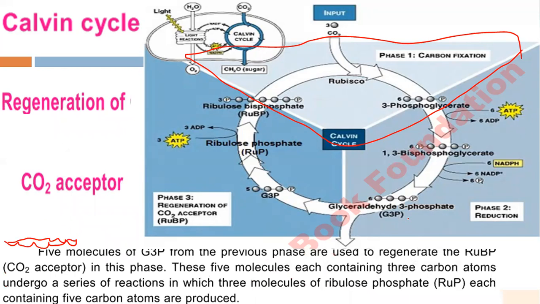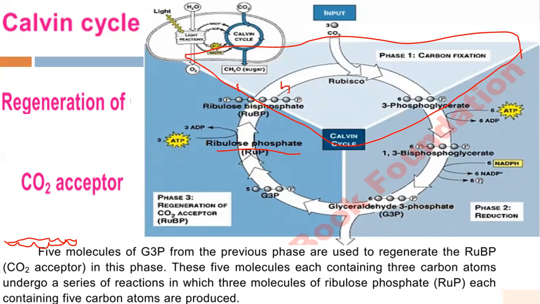Okay, the next one is regeneration of the carbon dioxide acceptor. If we see this darker blue, that is the regeneration process, in which G3P changes into ribulose phosphate, then into ribulose bisphosphate. From ATP, phosphates are added to ribulose phosphate at carbon number 1 and 5.